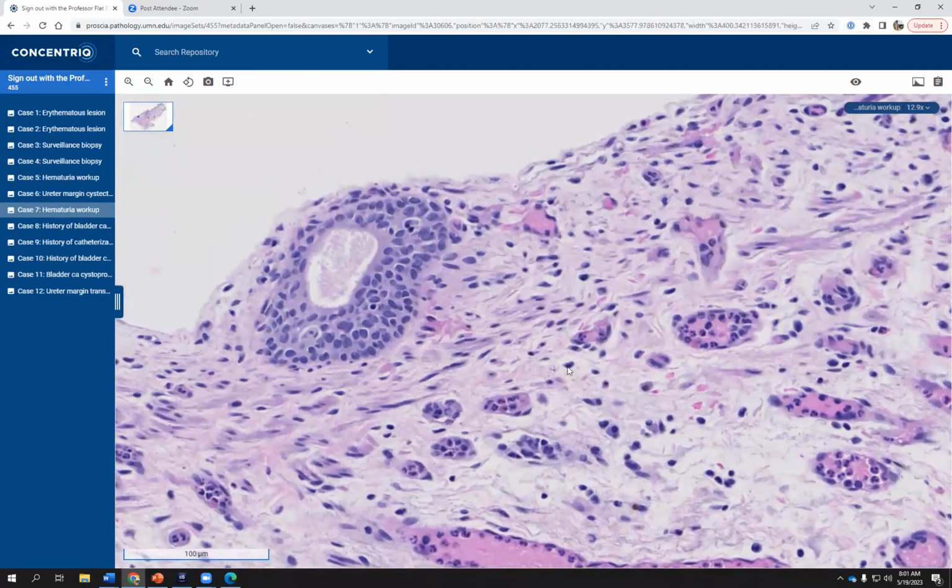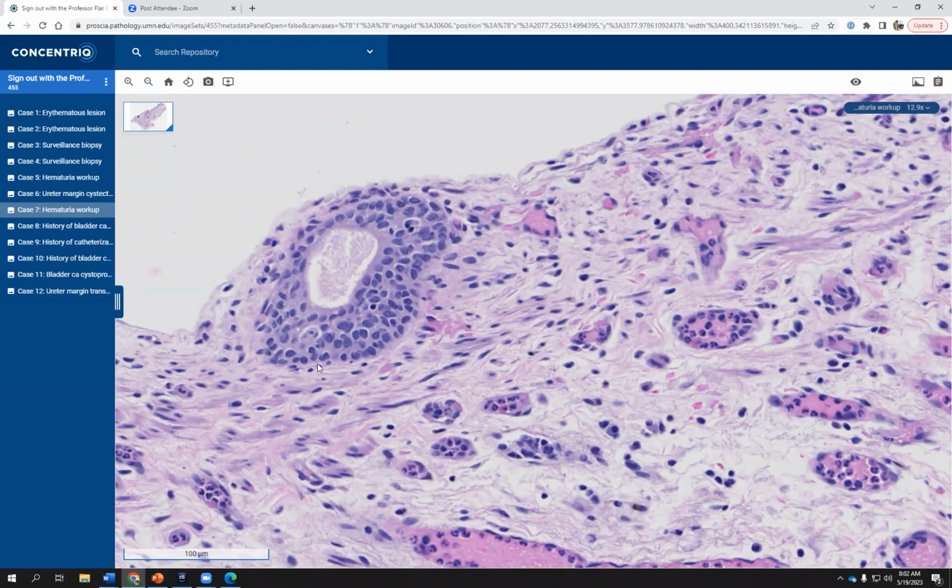Okay, so one thing to remember before we go into that is the fact that when you see urothelium in the setting of a von Brunn nest, you will see a little bit more atypia than the normal urothelium you'll see on the surface.